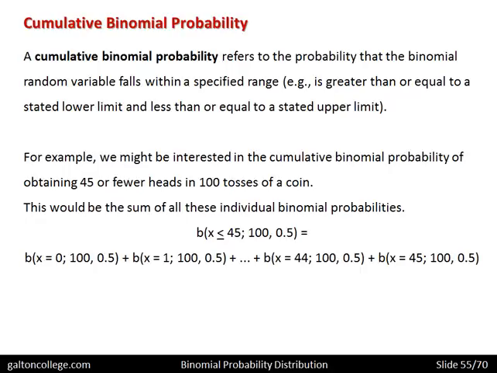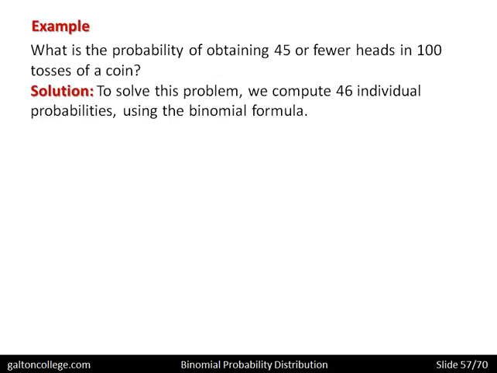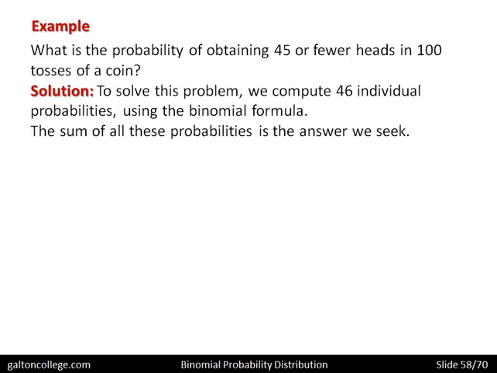A cumulative binomial probability refers to the probability that a binomial random variable falls within the range, as I said. Now, there is a way of working this one out. Instead of working each one separately, we could do it with Excel. To solve the problem, we compute 46 individual probabilities using the binomial formula.